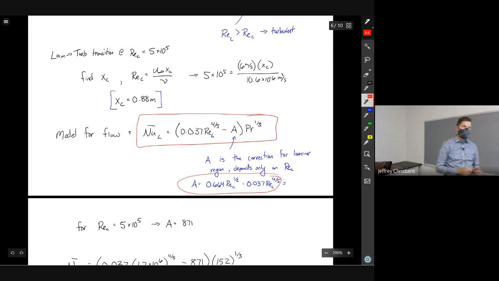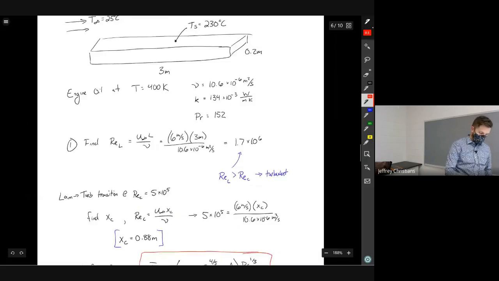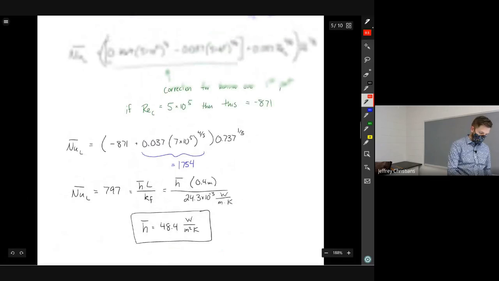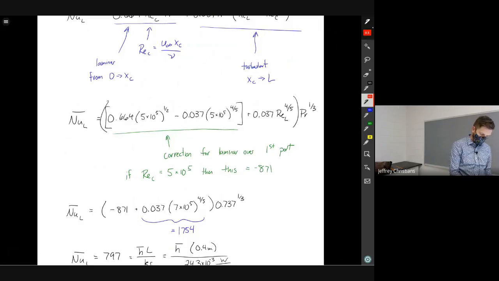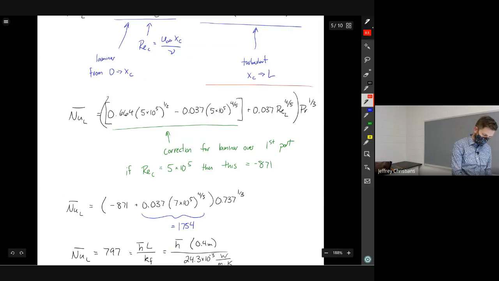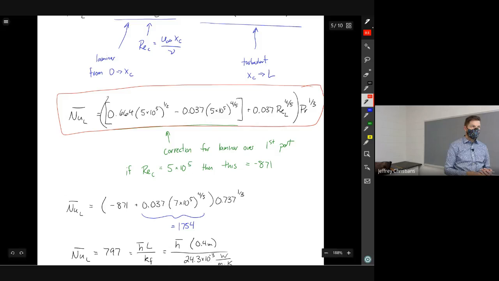This is the correlation that our book will have. I kind of prefer the one that we used up here. Those are the same models. One just explicitly tells you a little bit more about what's going on. The other one says, well, we'll throw it into a constant. Our book will throw it into that constant A if you are looking through and finding equations.